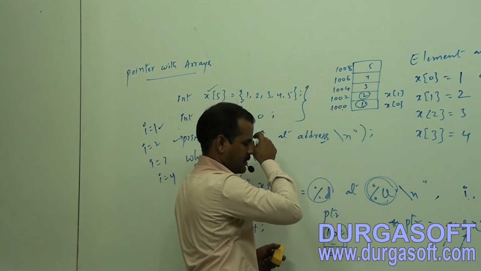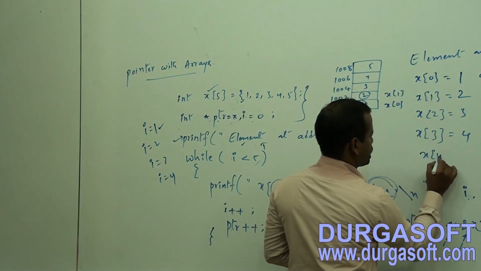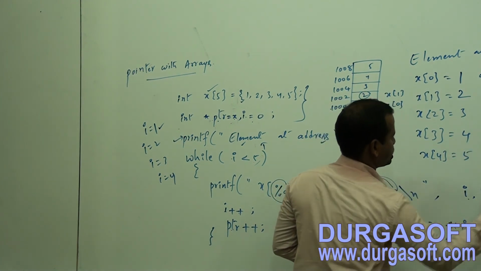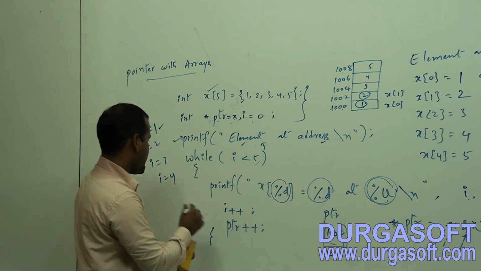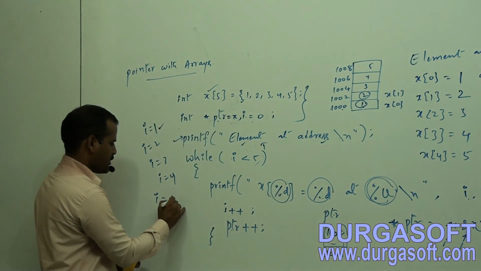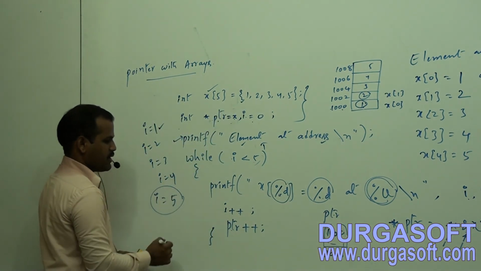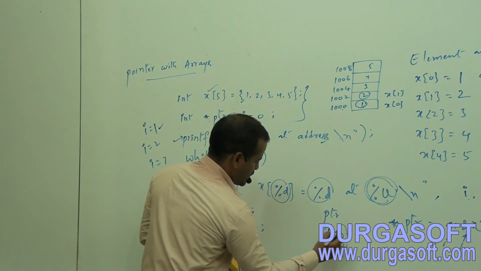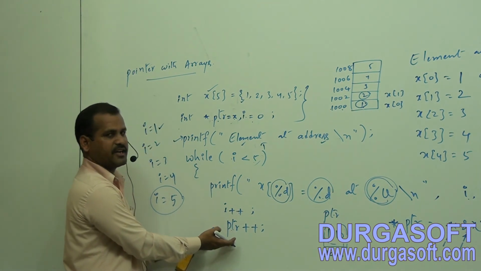So for the last element, the display will be x of 4 is equal to 5 at 1008. Now after this, I value will be increased by 1. Now I value will be 5 and the pointer value will be 1010 after incrementing in the final iteration.